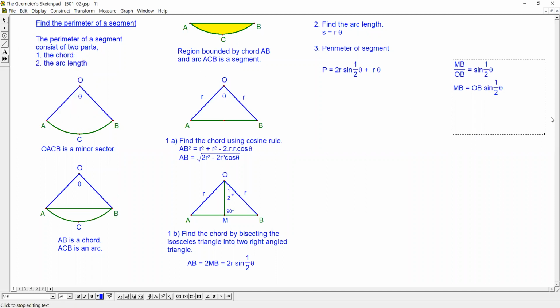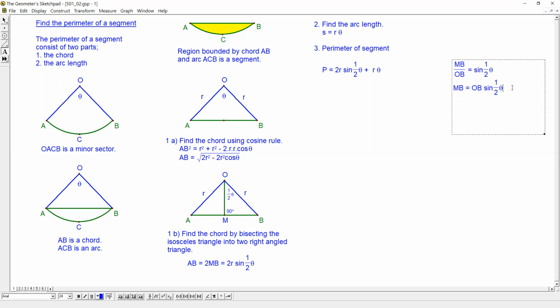But you don't want to find MB, you want to find AB, because AB is part of the perimeter. So what is this AB? AB is 2MB.